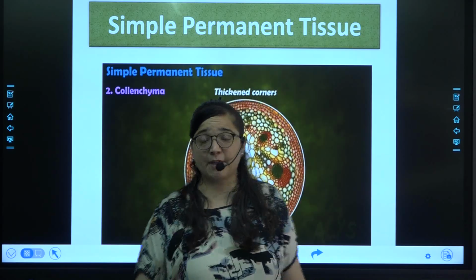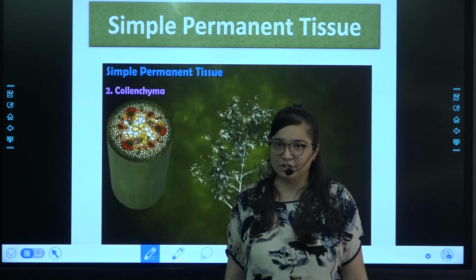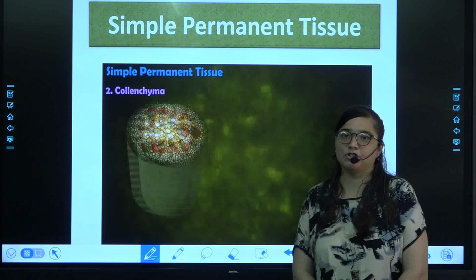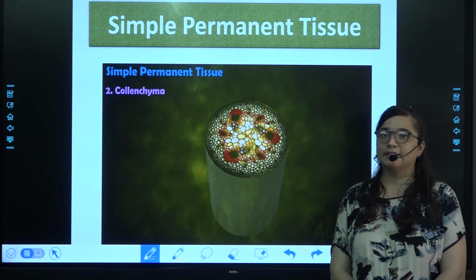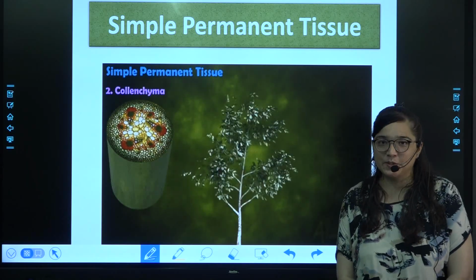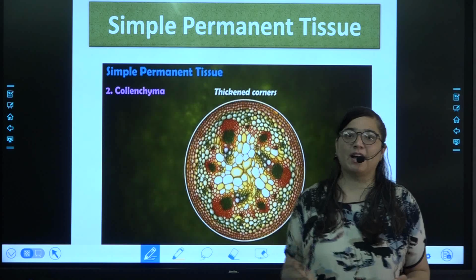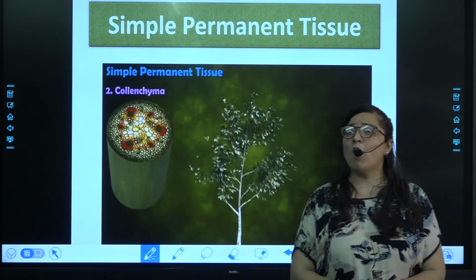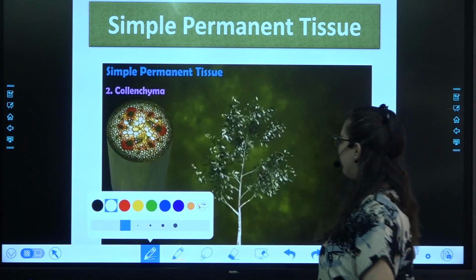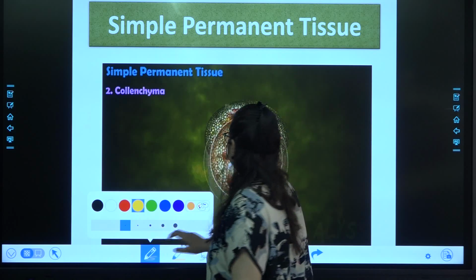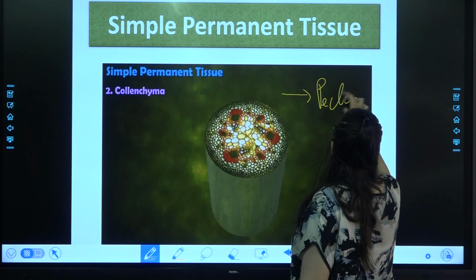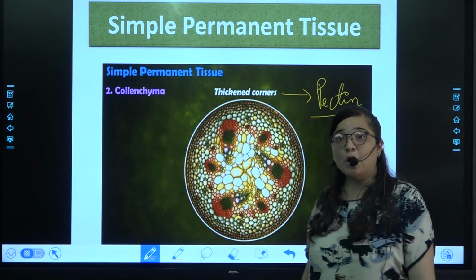Now coming to the next type of tissue, that is collenchyma tissue. Just have a look at the image. It's a GIF image. What can you see? In the beginning, you can see it has some thickened corners. What are these thickened corners made up of?